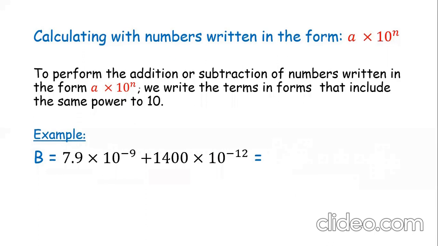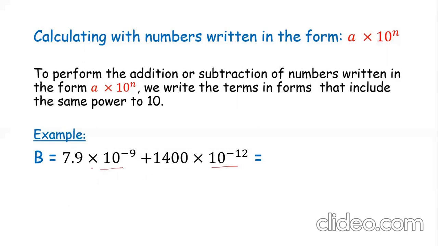Now, to perform the addition or subtraction of numbers written in the form a multiplied by 10 to the power of n, we write the terms in forms that include the same power of 10. So we have this example. Here we have powers of 10, and here we have an integer, and here we have a decimal.